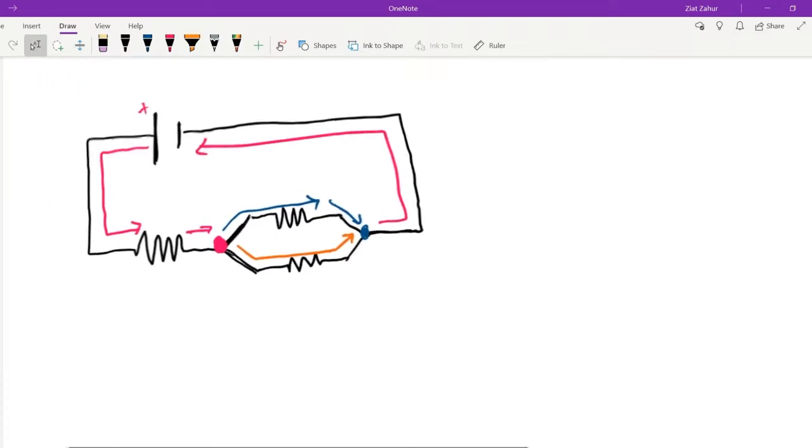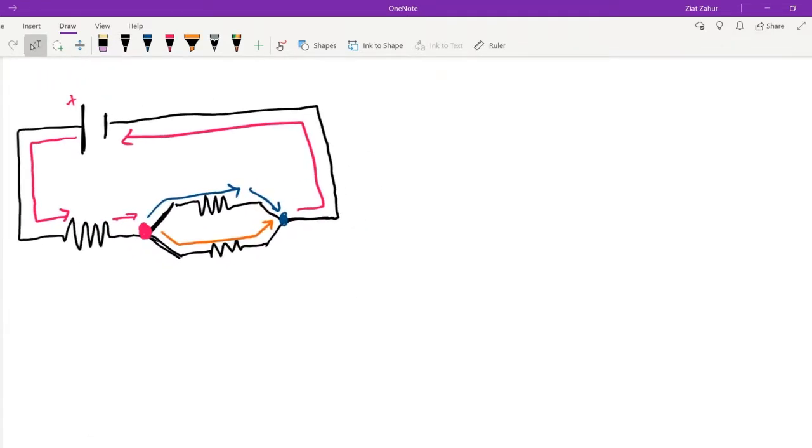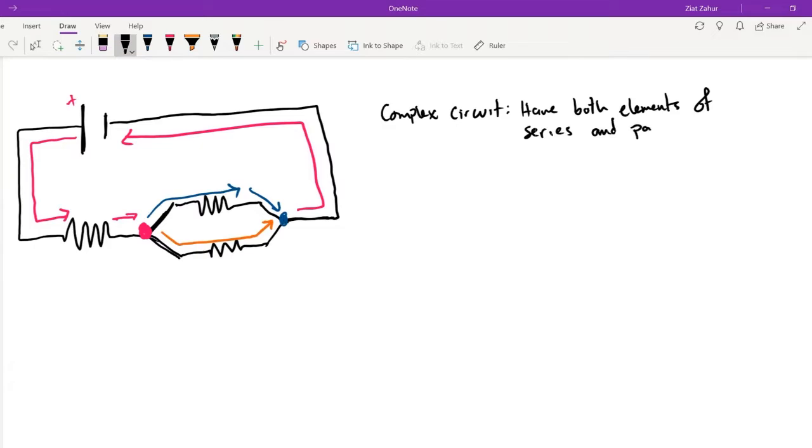Now, when you have complex circuits that have both series and parallel parts, both elements of series and parallel, we want to identify the resistors that are series and the resistors that are parallel, so that we can start combining them and simplifying them.